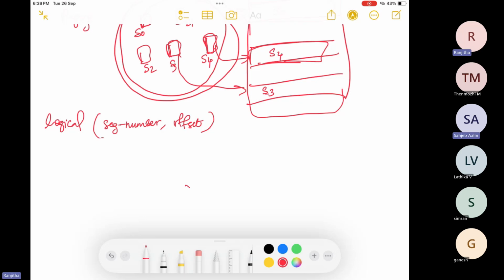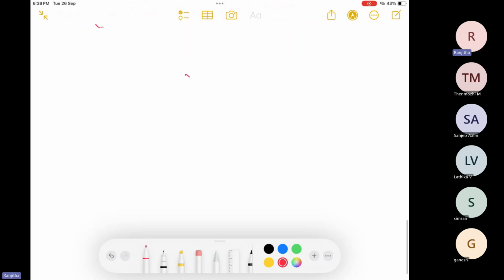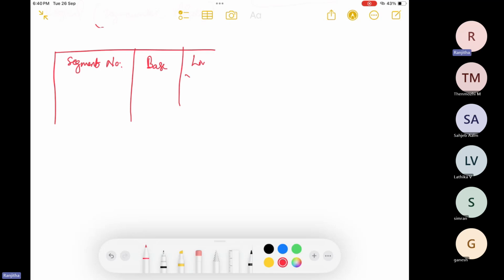So let's see this example. There is this table given here. This is the segment number, then we have base and limit.